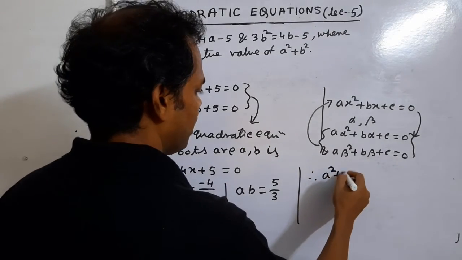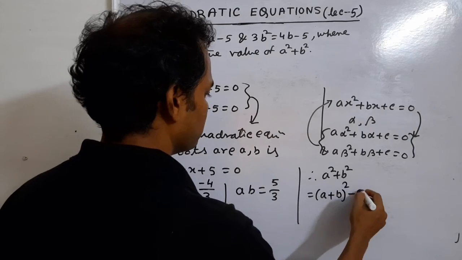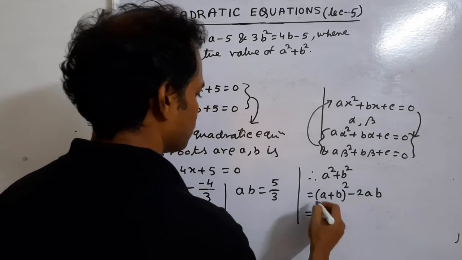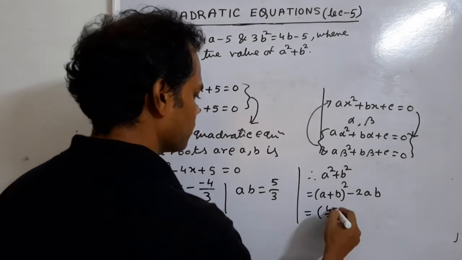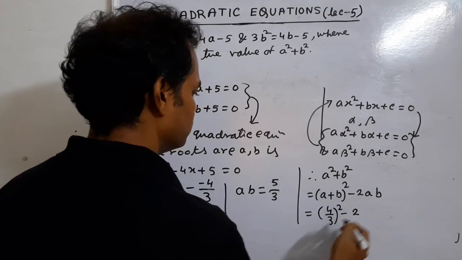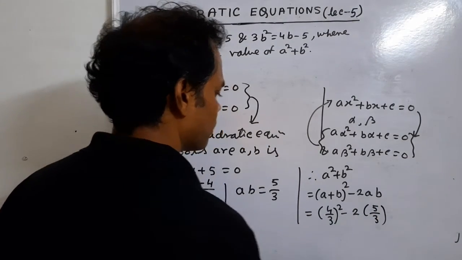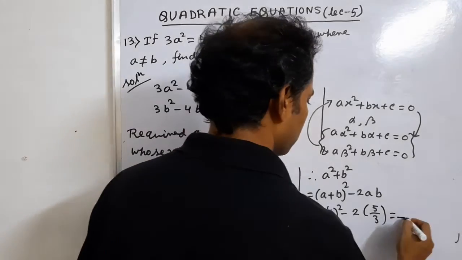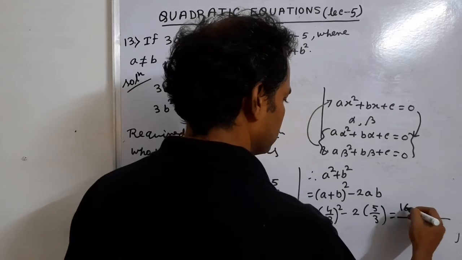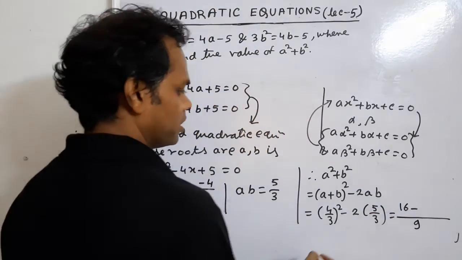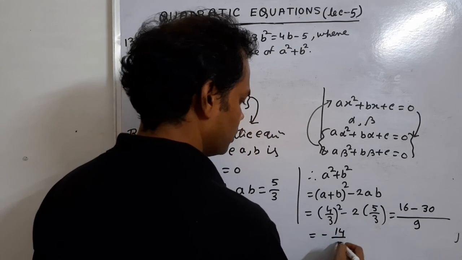Therefore a square plus b square equals (a plus b) whole square minus 2ab, which is (4 by 3) whole square minus 2 into 5 by 3. The LCM is 9: 16 minus 2 into 5, which is 10, 10 into 3 is 30. So the final answer is minus 14 by 9.